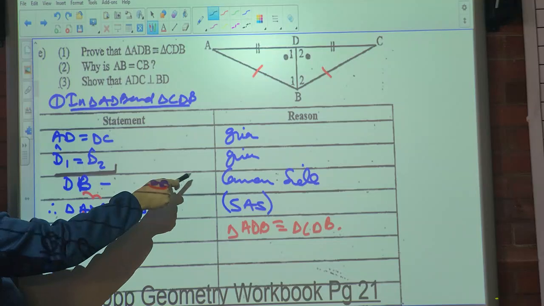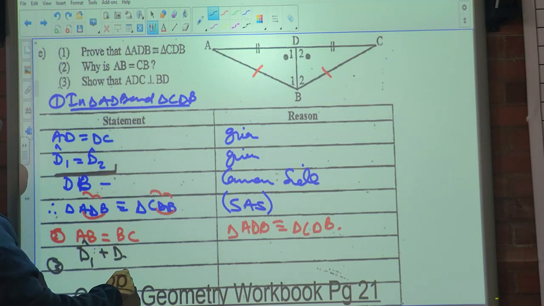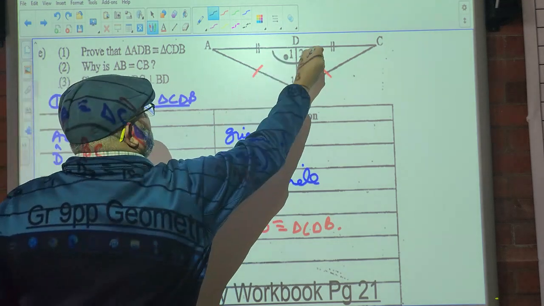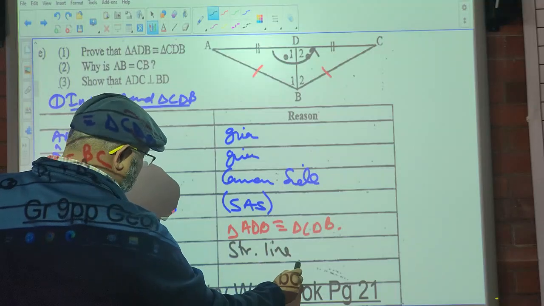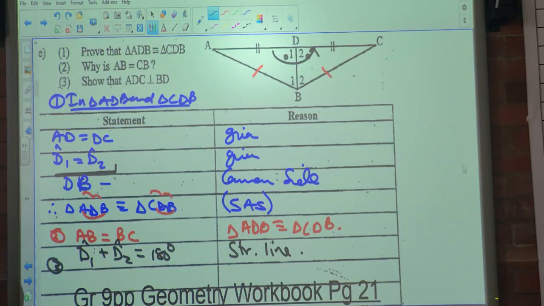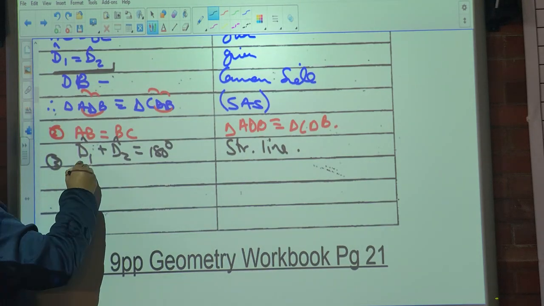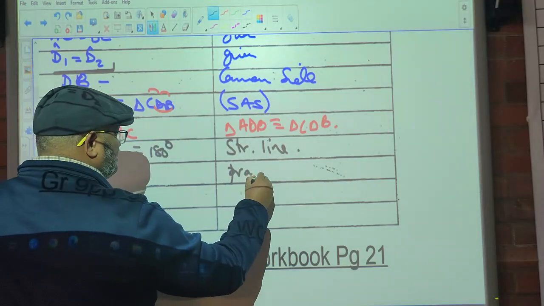So it was given to us. So we know that D1 plus D2 is equal to 180 degrees. Why does this add up to 180? Because this angle's on a straight line. Okay. So now, if D1 is equal to D2, why is that the case? It's proven or it was given.